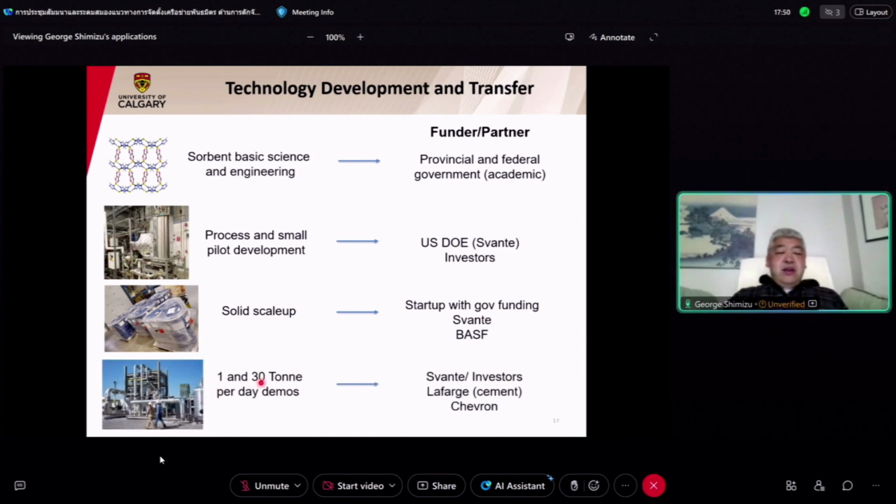Now we have the 1 and the 30 ton per day carbon capture demonstrations. And again, this is funded by Svante and their investors, but also the partners. So Lafarge for the cement company and Chevron, the oil company, are the hosts for the two demonstrations.